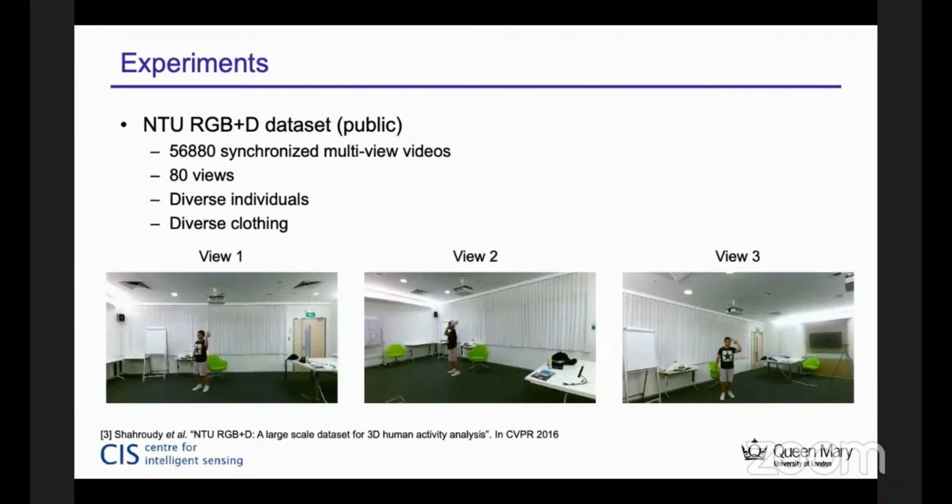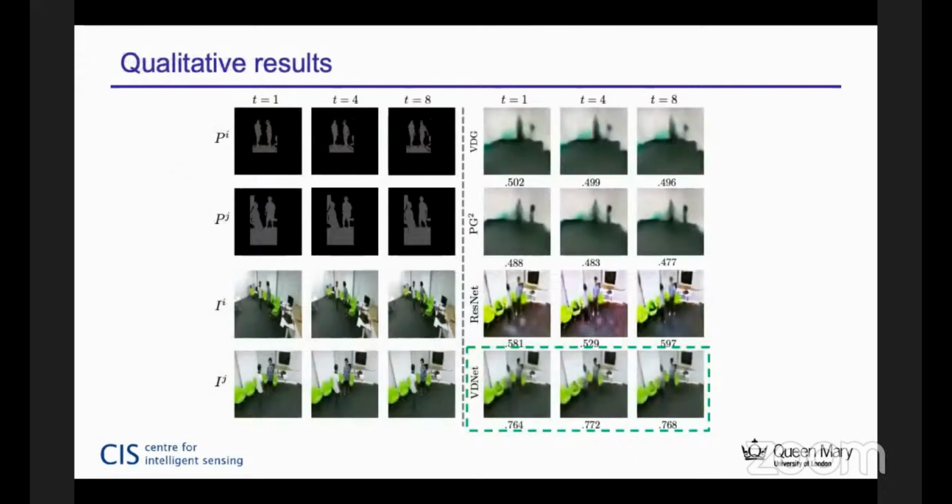To implement our hypothesis, we use the NTU RGB dataset, which is the largest synchronized multi-view dataset publicly available to the research community. It has diverse clothing, individuals, and views. Each action is captured using 3 cameras simultaneously. This is one example of a qualitative result that we have.